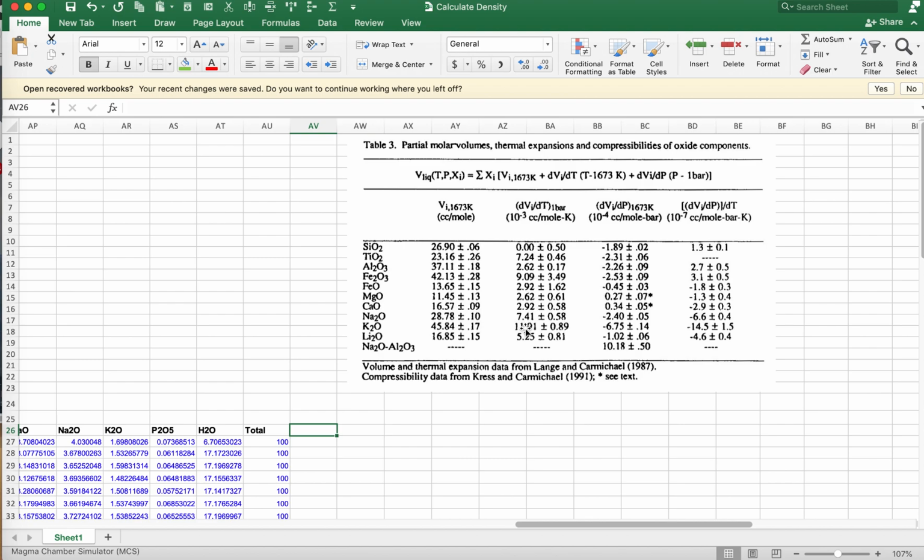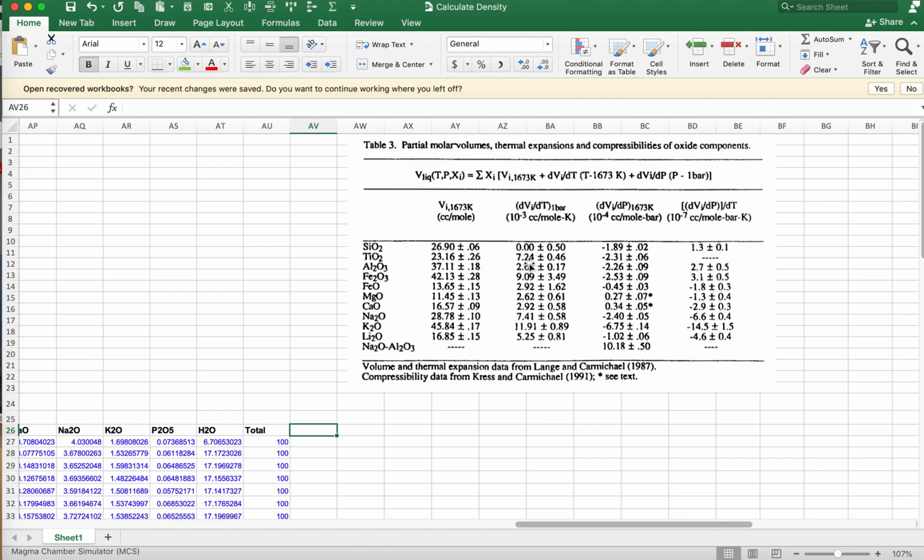We wouldn't expect them to be negative. If something was negative here, that means the volume would shrink as we heat it. So the positive values mean that the thermal expansion coefficient is positive, so things expand, except for silica. But titanium will expand. By how much? Well, if we have 1 mole at 1673, it takes up 23.16 cubic centimeters of space. If we heat it up a little bit, let's say by 1 Kelvin, that is not a minus sign in that units, that should be a multiplication.